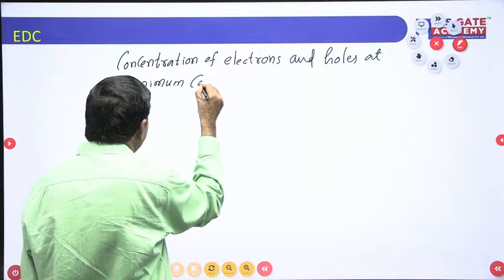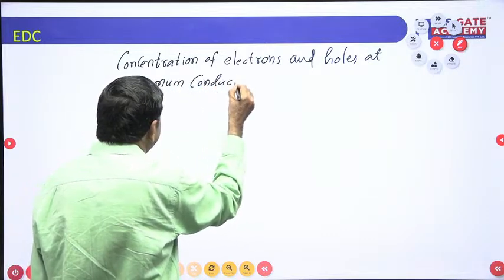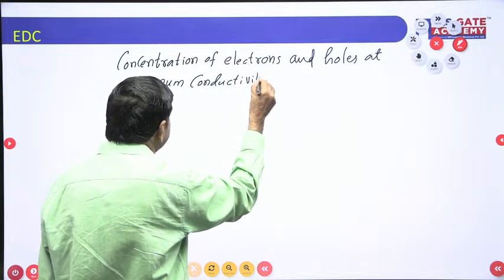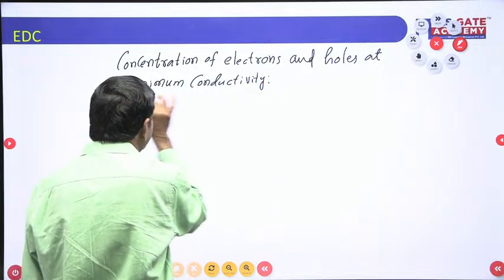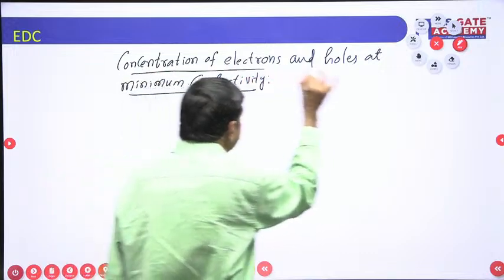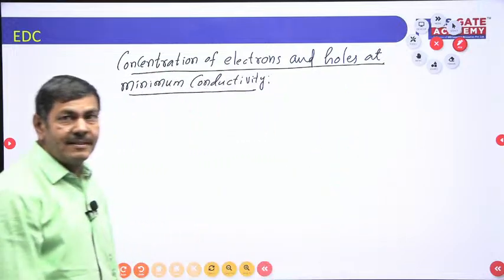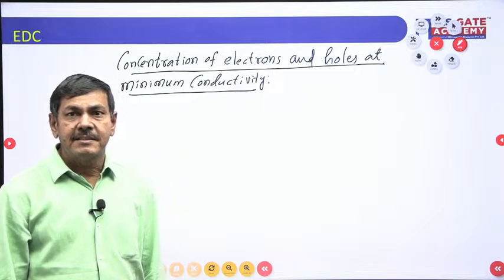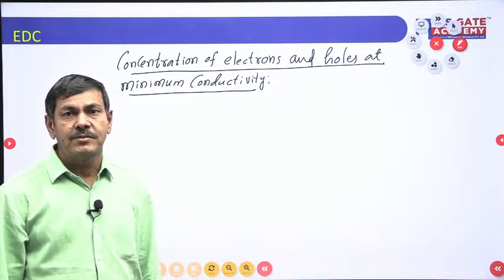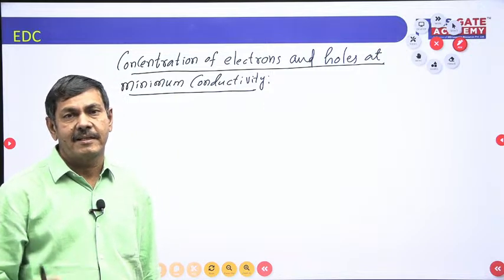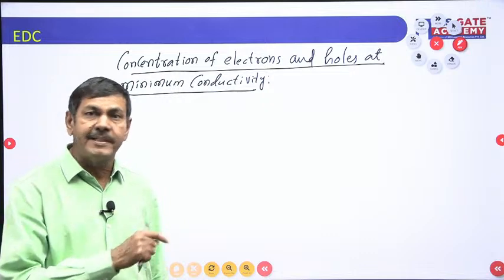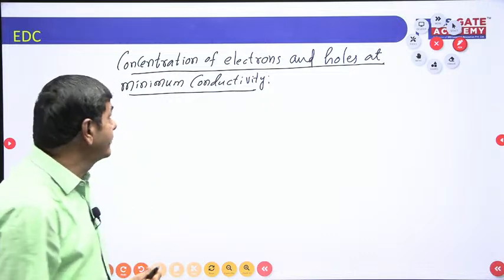To find the electron and hole concentrations, these formulas are required, and minimum conductivity is also required here. We can find it now.